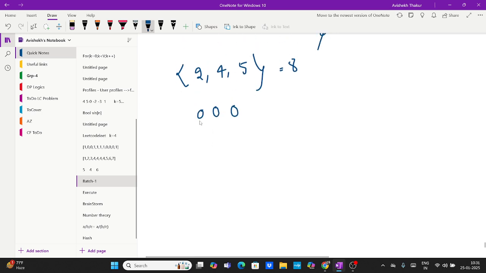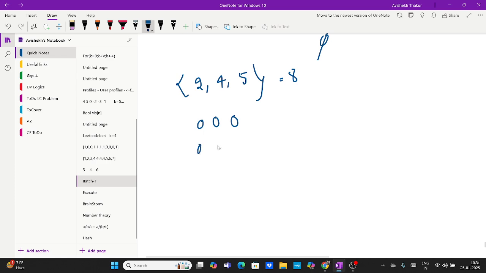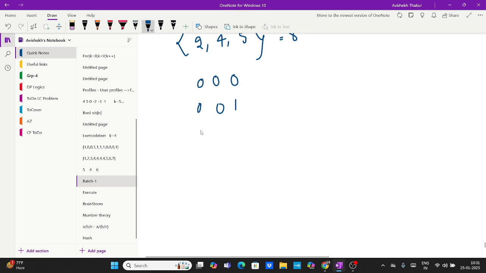You guys observe it, and tell me what will be my next subsequent numbers after a certain point. Can anyone tell the next number? 100. 101. 110. 111.